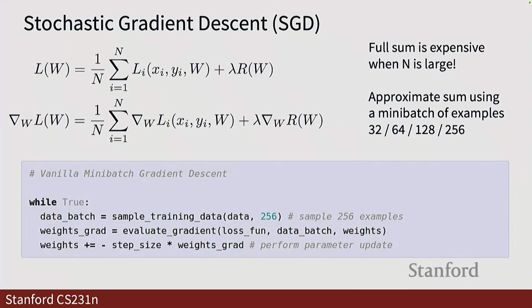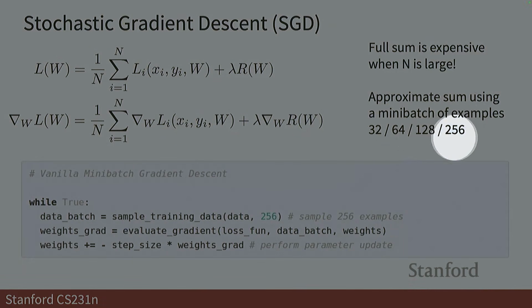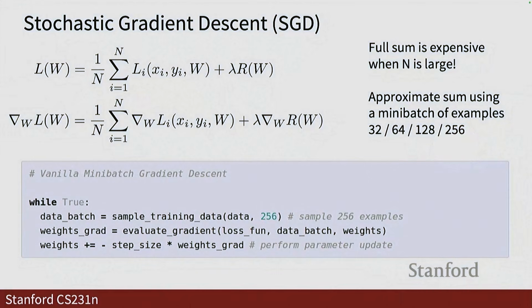And one of the other challenges we talked about was incorporating the loss function and its gradient on the entire data set. So if you have a large data set, it's very expensive to run the loss function and the derivative on the entire data set, and that's why we talked about the idea of mini batches using a number of examples sampled from the data set, often maybe 32, 64, 128, or 256.